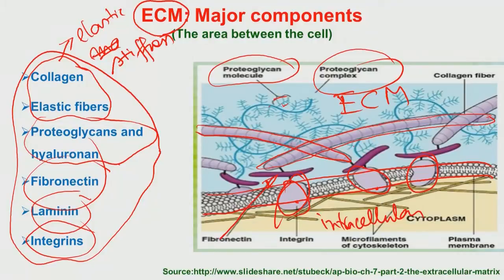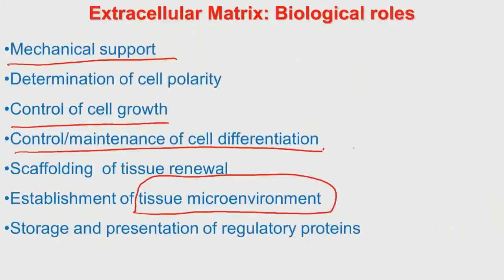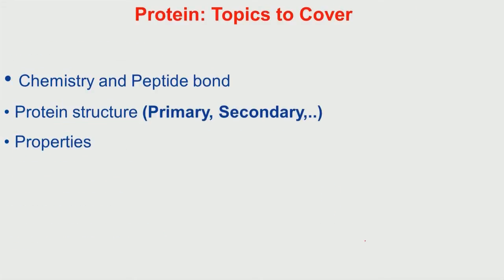So, essentially this ECM is synthesized by the cell itself, and then it forms through certain biological processes into a very nice network of different biological macromolecules as well as fibrous proteins. The extracellular matrix also helps in storing and presenting certain regulatory proteins.